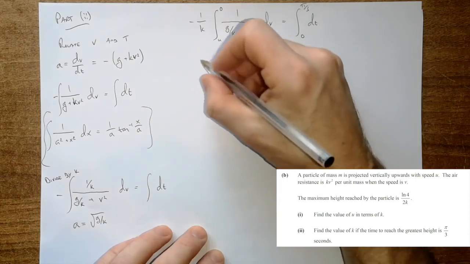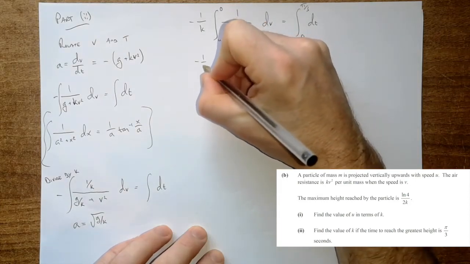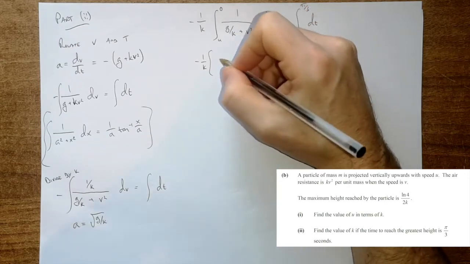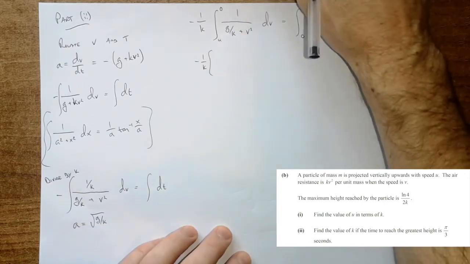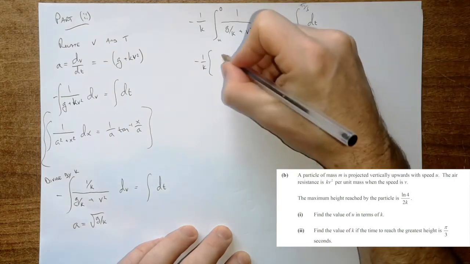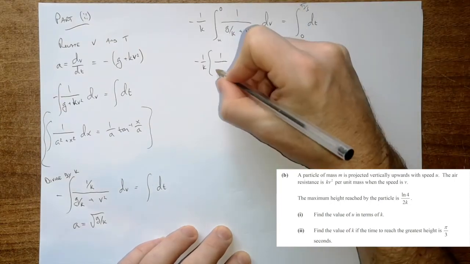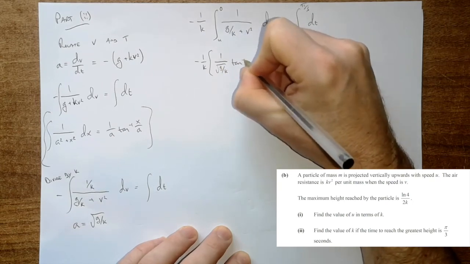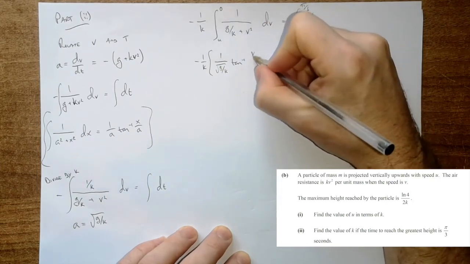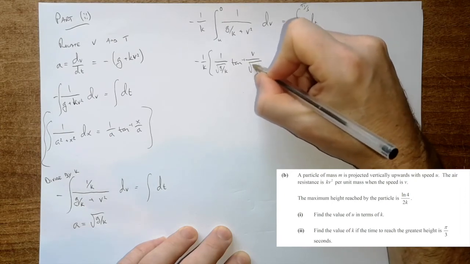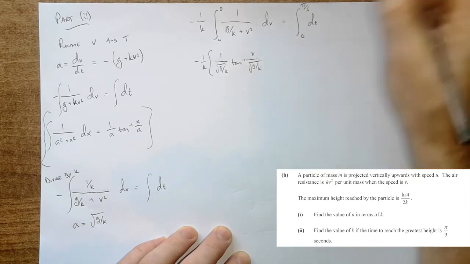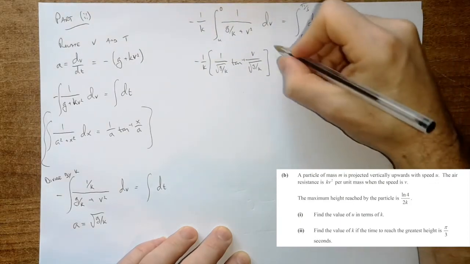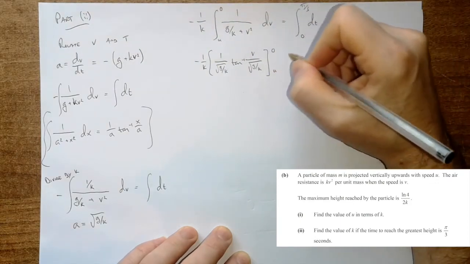Let's go for it. Now minus 1 over k, put that outside. All of this here is going to be 1 over a, which was 1 over the square root of g over k, tan inverse v over the square root of g over k, working off limits of 0 and u.